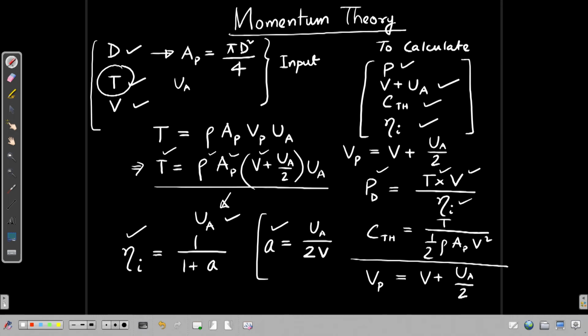From the value of total V plus UA, we can calculate UA, and then we can calculate the value of Vp from that, and we can use this value to calculate the thrust, which is unknown, if the problem is given in that way. Okay. So, in this way we can use simple momentum theory calculations to do a basic powering estimate for a momentum disk where only the axial induced velocity is considered.